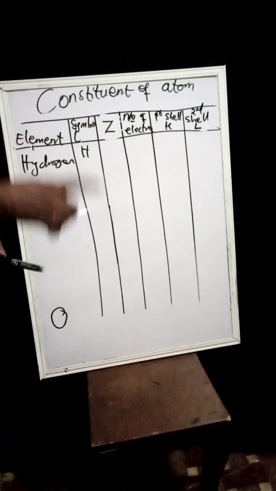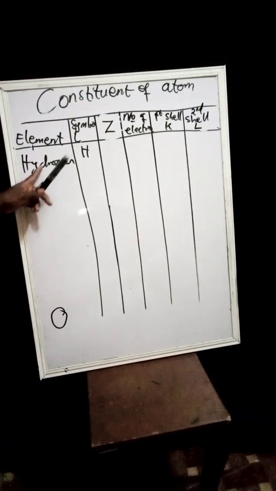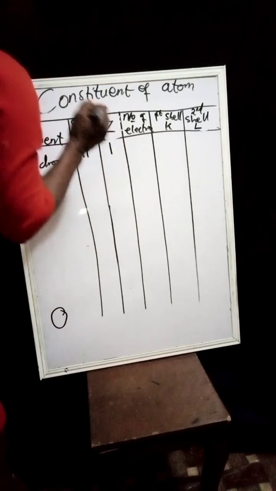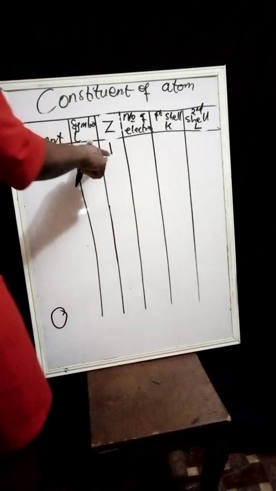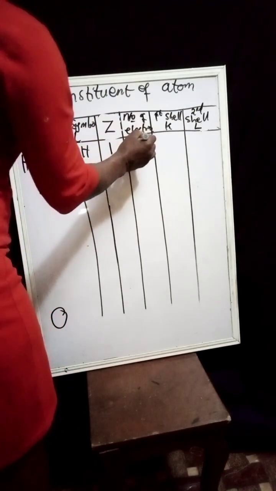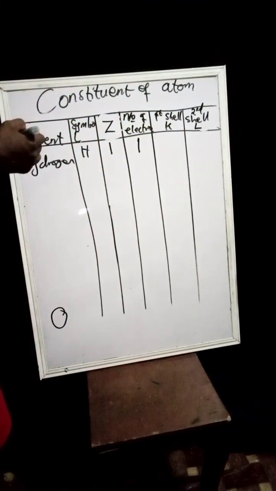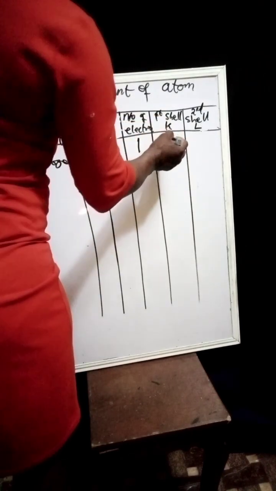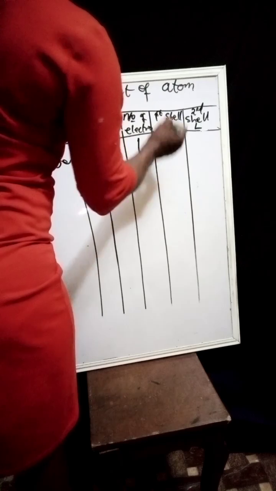Because the hydrogen is the first element, its atomic number is 1. So because its atomic number is 1, the number of electrons present in hydrogen is 1. So its first shell has 1 electron.